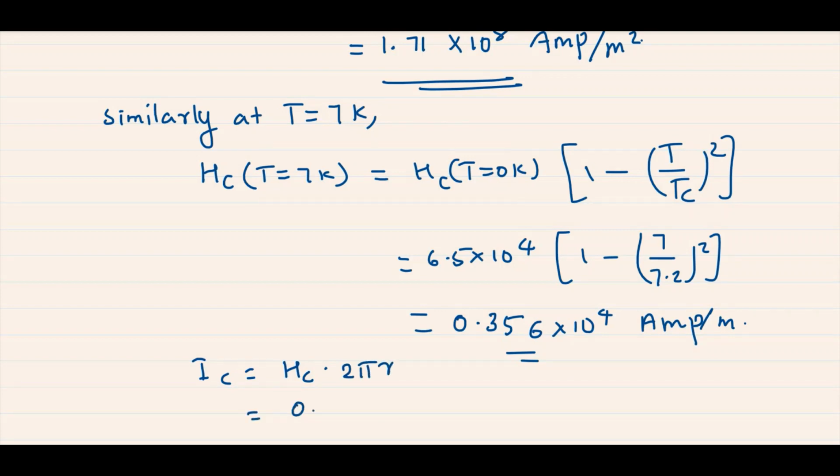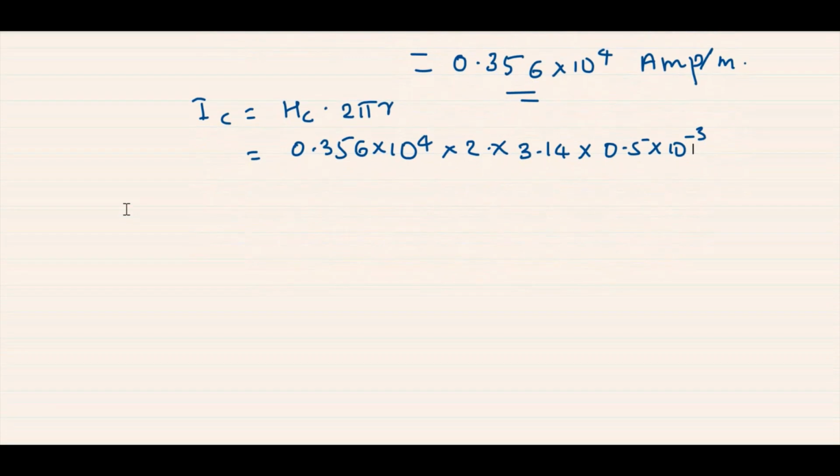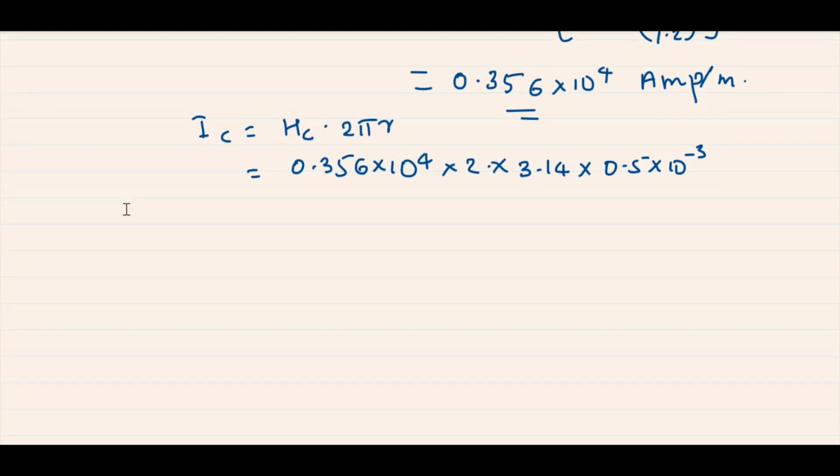Okay, Hc is 0.356 into 10 power 4, into 2 into 3.14 into 0.5 into 10 power minus 3. The steps are very similar to the previous one, so we are doing this very quickly. By doing this we get 11.17 ampere.